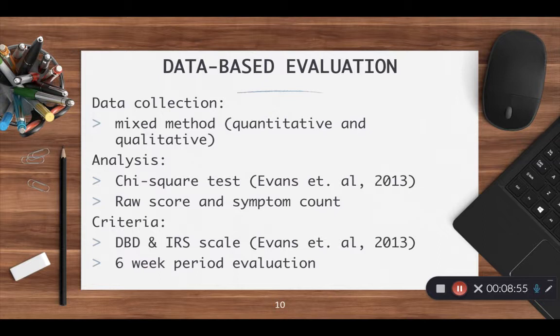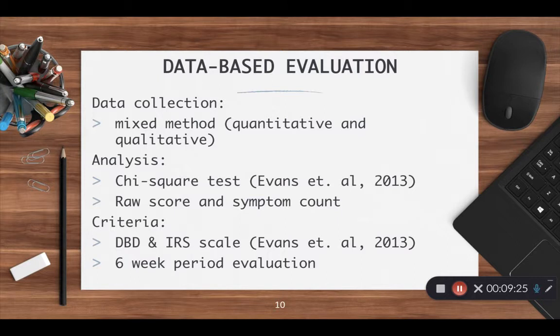The qualitative is more of the teacher observation. I think there's more freedom in the sense that the teacher could take down notes and show the raw score and the symptom count. It was also used to evaluate the teacher rating data and determine normal values.